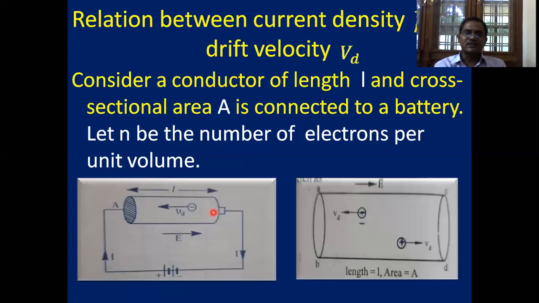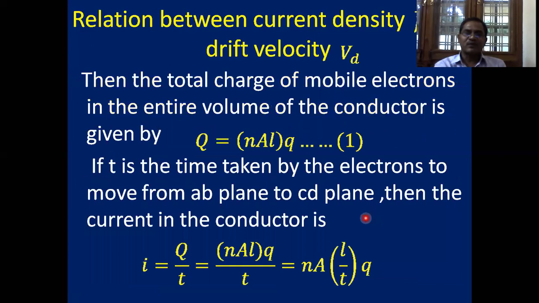Hence, free electrons move from the negative terminal to the positive terminal, opposite to the field direction. The first end cross section is AB, the second end cross section is CD, and the electrons are moving from the CD plane to the AB plane, opposite to the field direction. You will understand this from the figure.